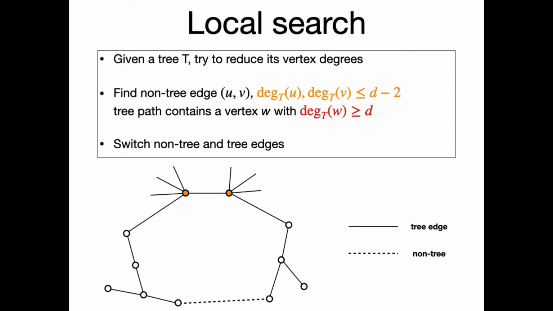Then we can switch non-tree and tree edges to improve the vertex degrees. Look at the following picture. Label the vertices with their tree degrees in the spanning tree. After adding the non-tree edge and removing a tree edge, we can reduce the highest degree by 1.